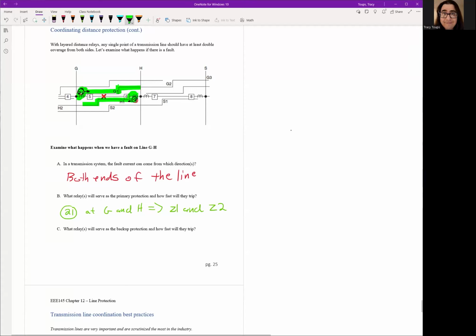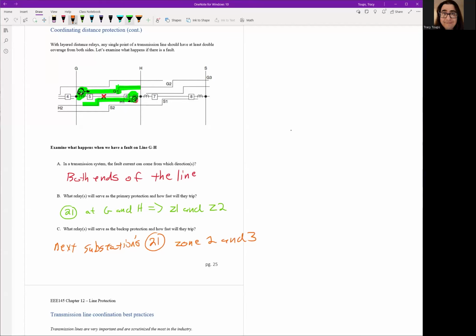Okay. Now, what will be a backup in case either one of these fail? It'll be a zone 2 or a zone 3 from the next substation. So the next substation's 21 relay, zone 2 and 3.